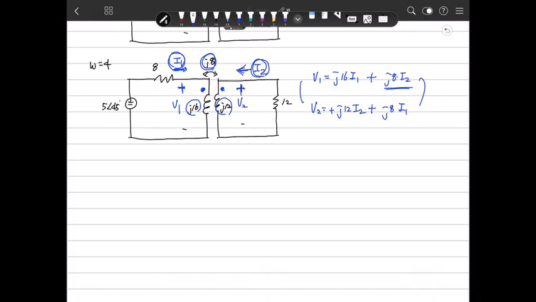Then from here, we can make mesh equations. So in the first mesh, we have minus 45 degree plus 8I1 plus V1 is 0, right?